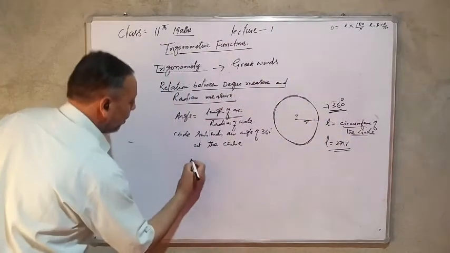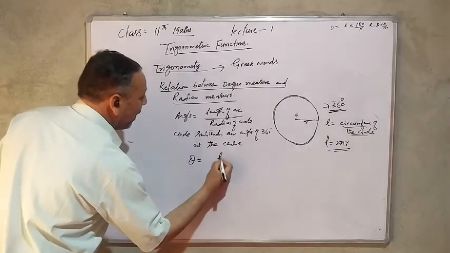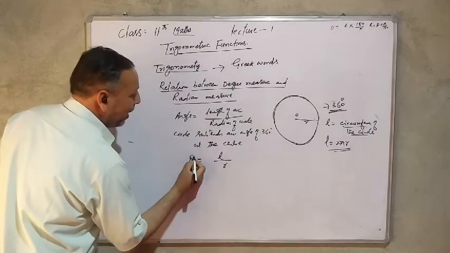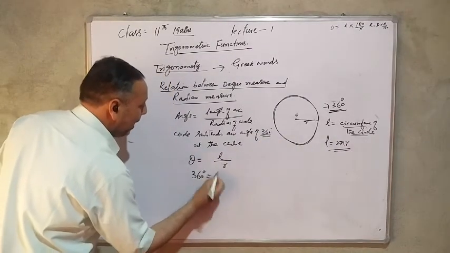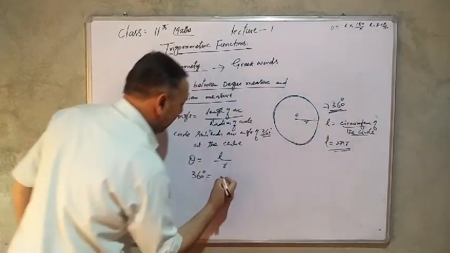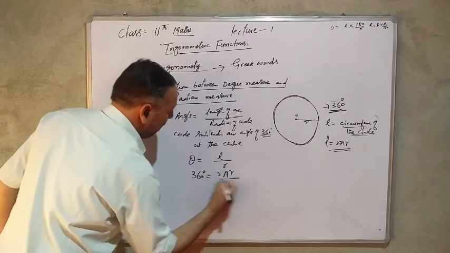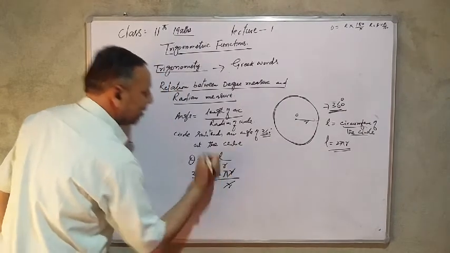Now here, use the relation theta is equal to L by r. What is theta here? It is 360 degree. L, length of arc, is 2 pi r divided by r. R and r cancel.